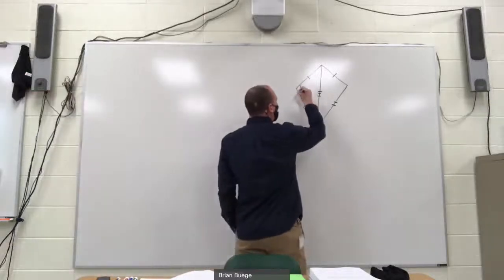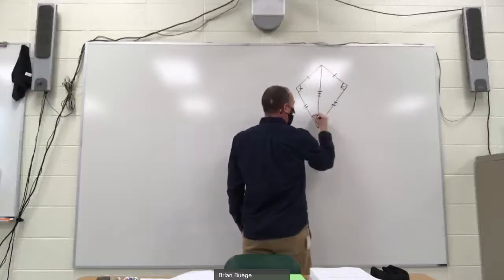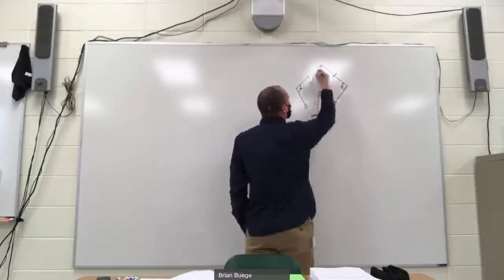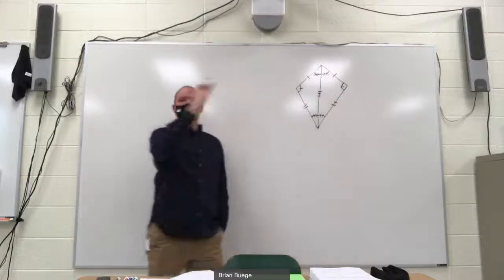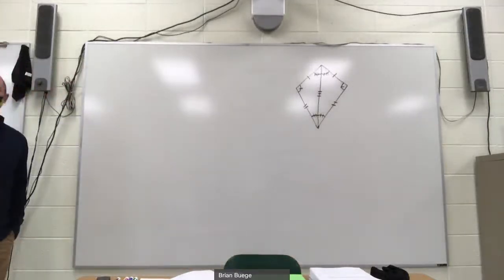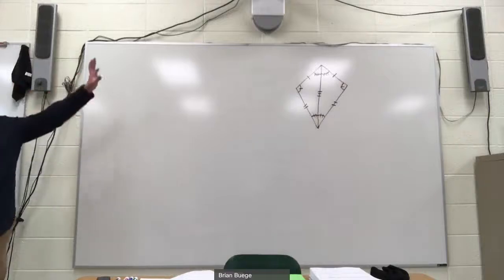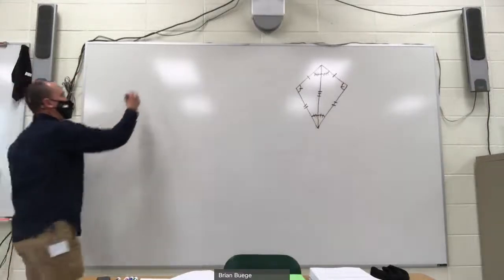Therefore, I know that this angle has to be congruent to that one. I know this angle down here has to be congruent to that one. I know this angle up here has to be congruent to that one, because those two triangles are just reflections of each other. They're congruent. So how could I go through and take all of that information and summarize it in one statement?